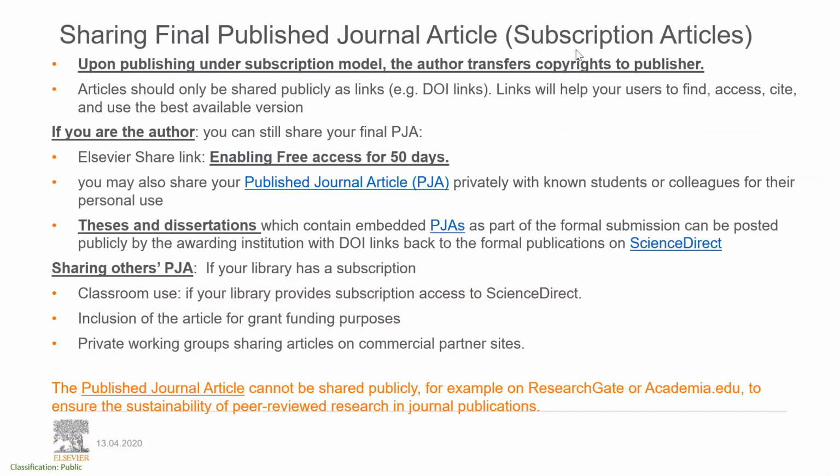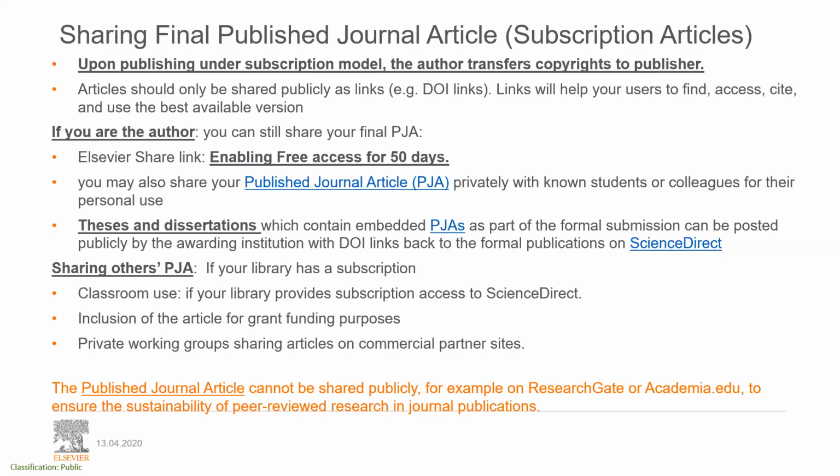If you have published a subscription article, then it's very important to know that you have to do what's called a copyright transfer to the publisher to be able to include that article in their subscription offerings, and actually to be able to sell the journal issues that have your article.